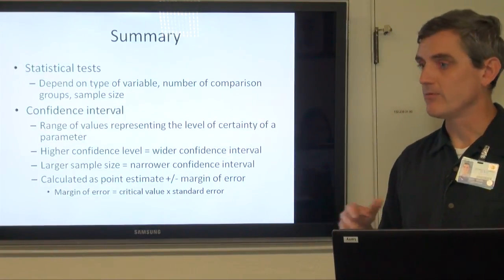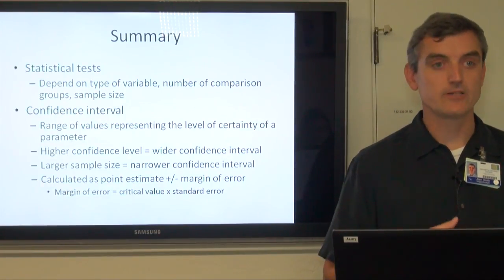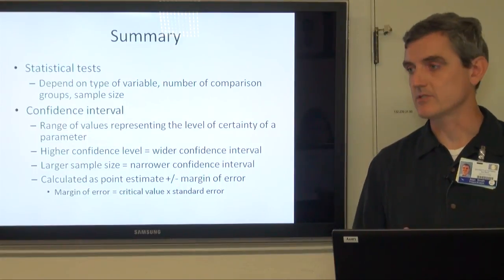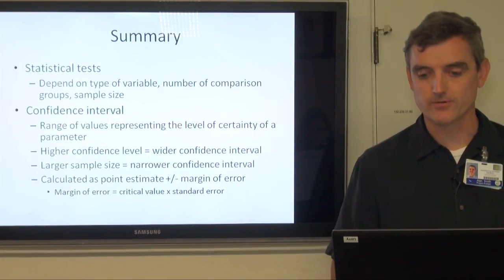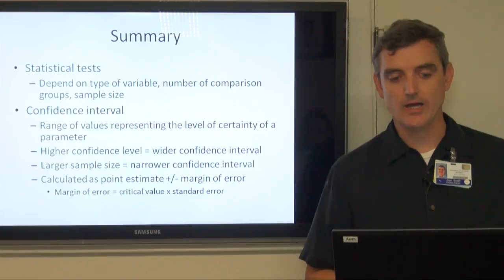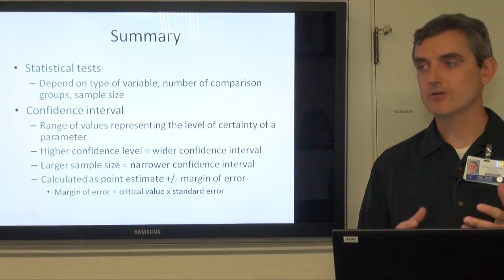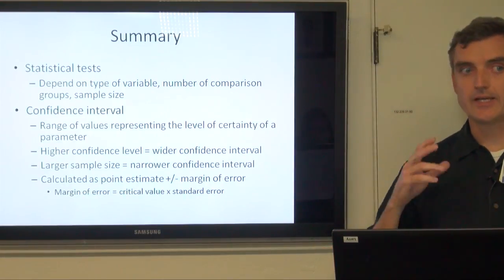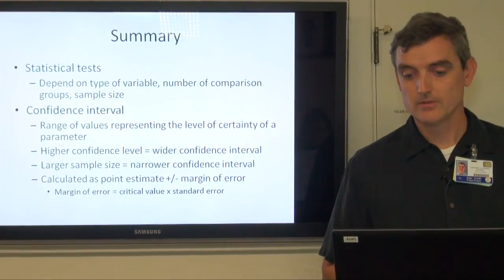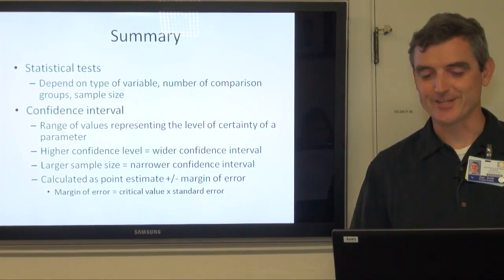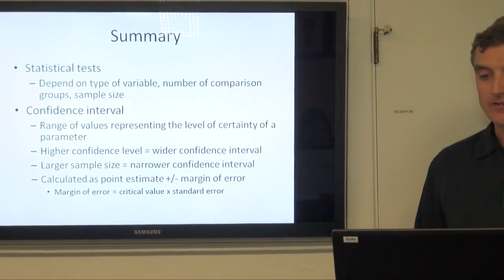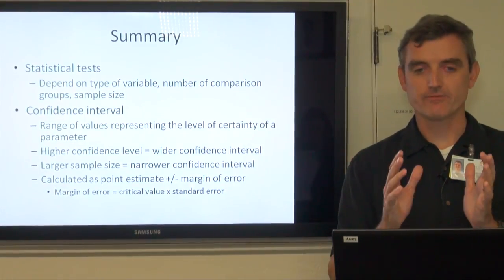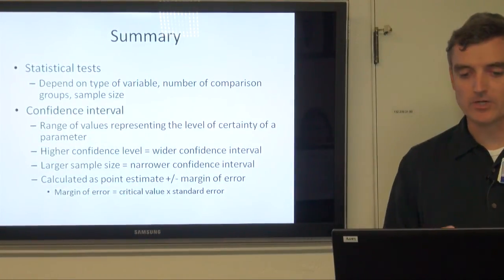Confidence interval, we talked about, that's just the range of values that represents a level of certainty for a population parameter. If you want to have a higher confidence level in your result, that confidence interval is going to be wider. If you have a larger sample size, the confidence interval is going to shrink. It's going to get smaller.